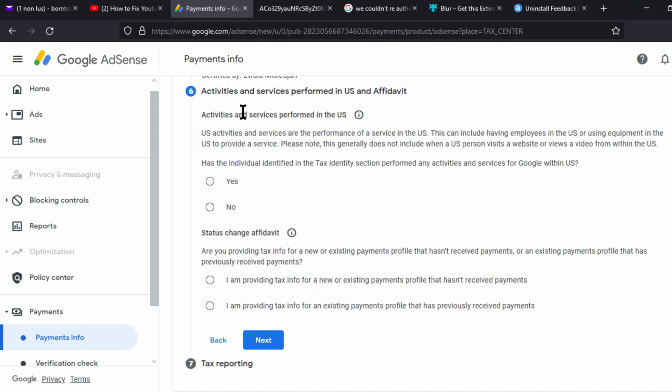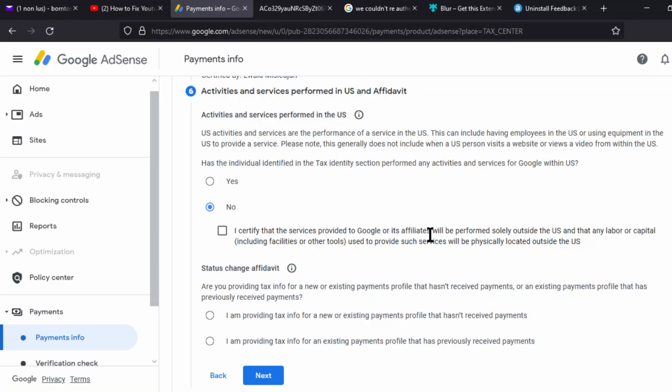Still more questions. Activities and services performed in the U.S. and affidavits. Oh my goodness. Has the individual identified in the tax identity section performed any activities and services for Google within the U.S.? Huh? Within the U.S.? No, outside the U.S. You're asking the same question again.